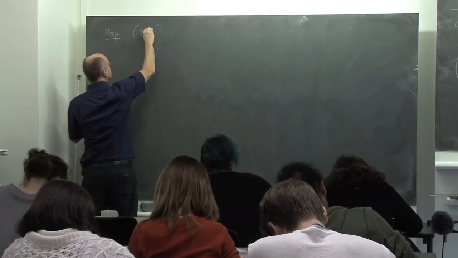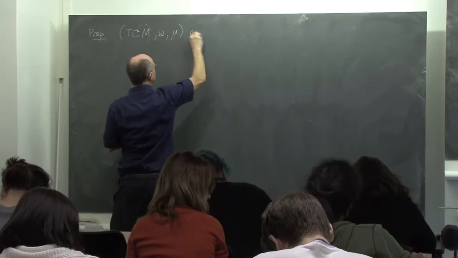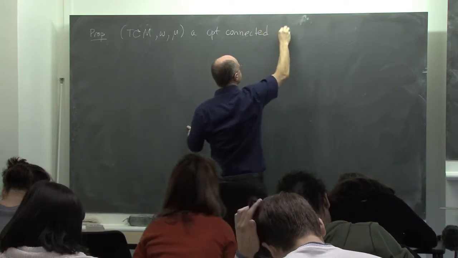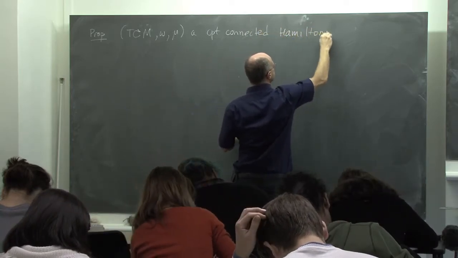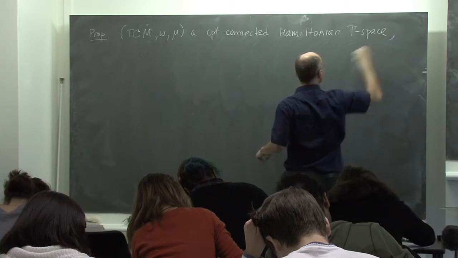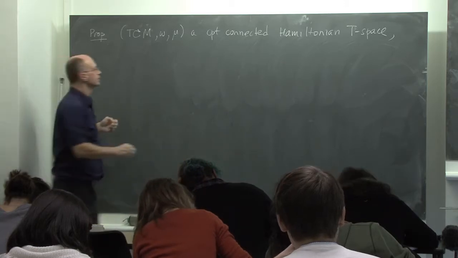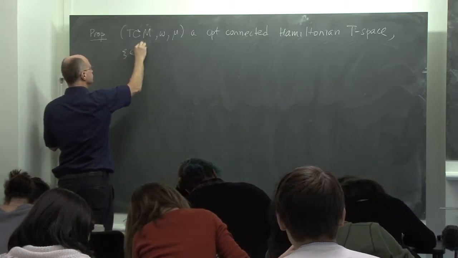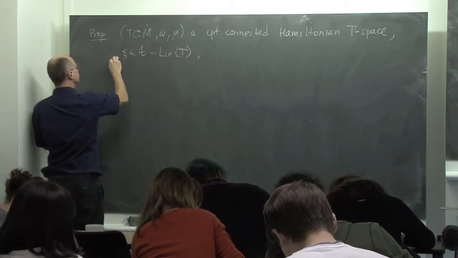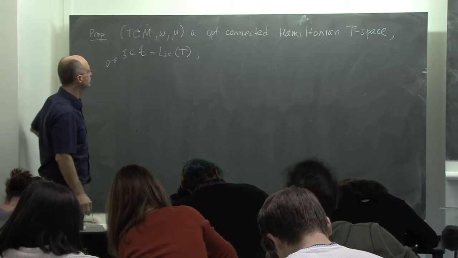So let's consider the compact connected Hamiltonian T-space. Let's choose an element, let's say non-zero, in the Lie algebra of the torus.